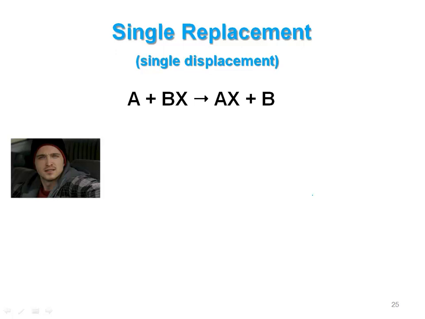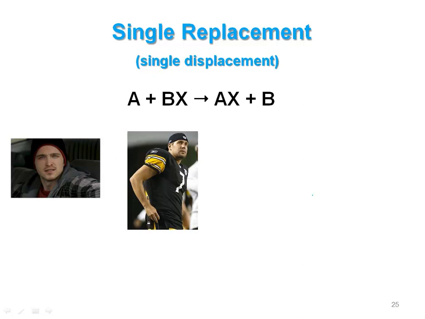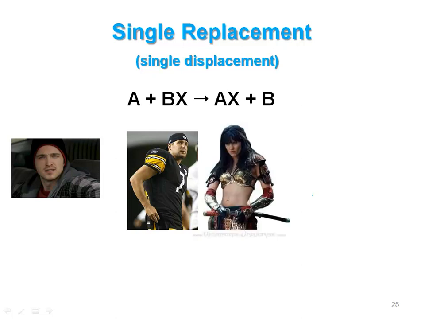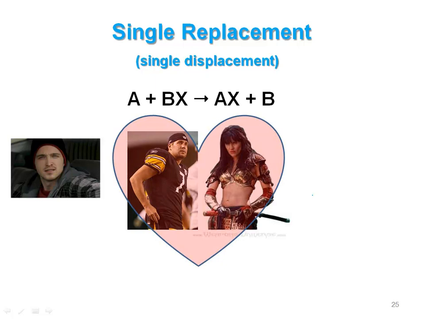But the next famous person that begins with the letter B is Ben Roethlisberger. And you may not know, but Ben Roethlisberger is in love with Xena, Warrior Princess. And you may not know this, but Ben and Xena, they were together for quite a while. And you may not know the gossip and the story on this, but in the news, all sorts of things happen. And one thing that happened was Aaron Paul. Oh yeah, they were very close.